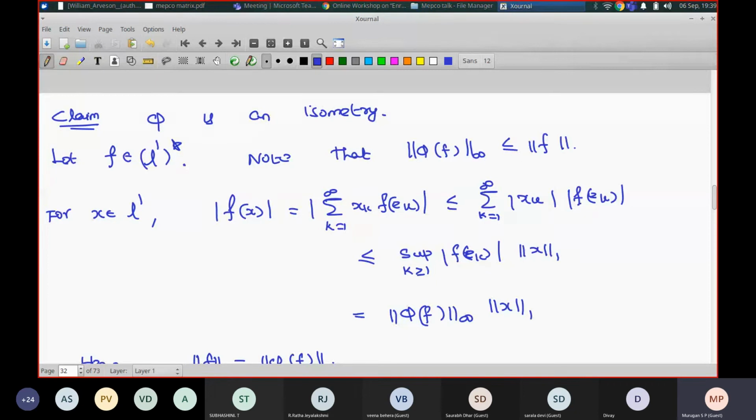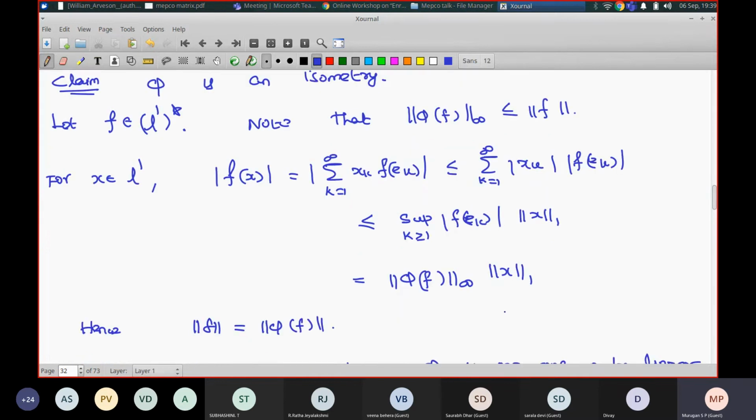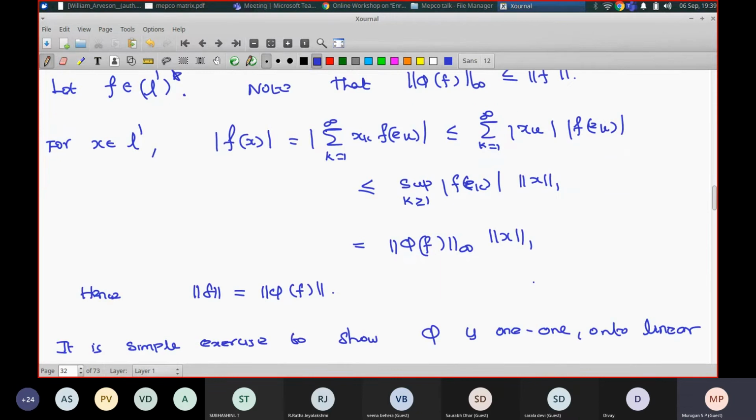Then you can replace f(e_k) by the supremum quantity, the supremum over k. The summation of the x_k is the norm in L1. Therefore this is less than or equal to the infinity norm of pi f times norm x. Therefore norm f equals the norm of pi f.